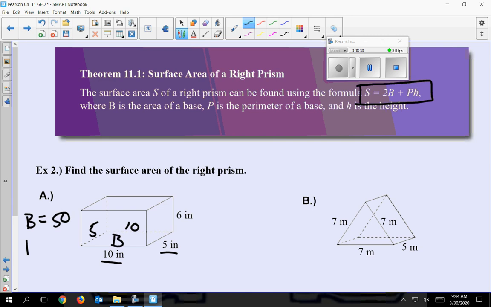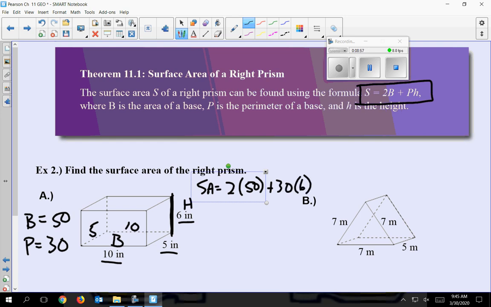So I need the perimeter. And the perimeter is going to be 30, adding up all the sides. And then the height is the line that connects the 2 bases, okay? So that's going to be my height. Now I got everything I need. So my surface area is going to be 2 times the area of the base plus the perimeter of the base times the vertical height, okay?